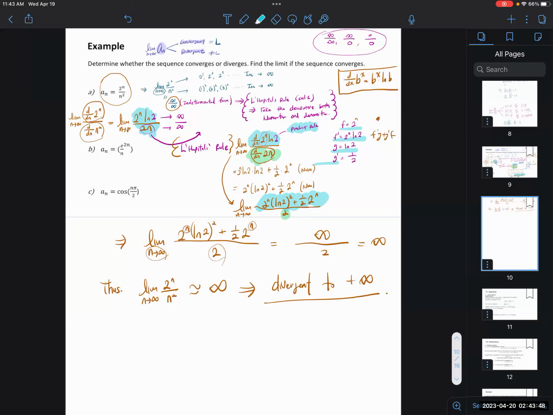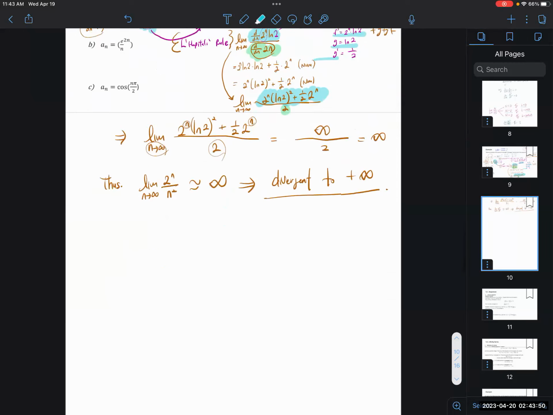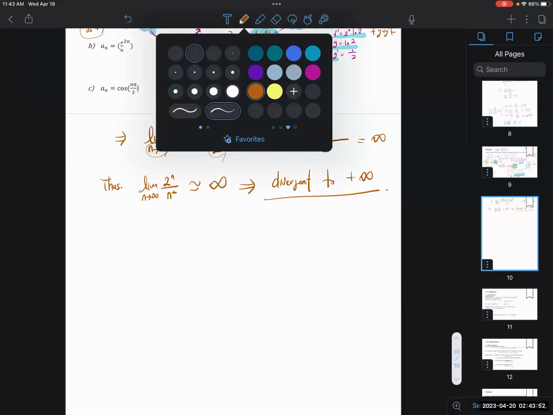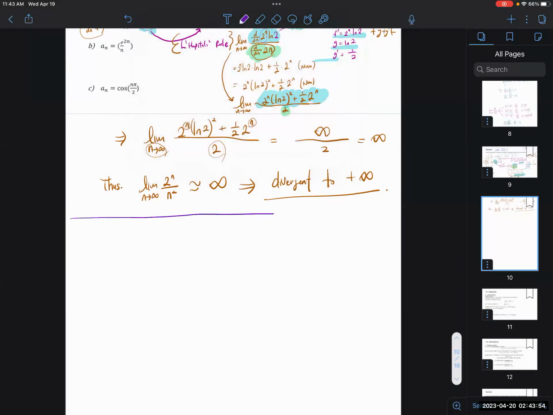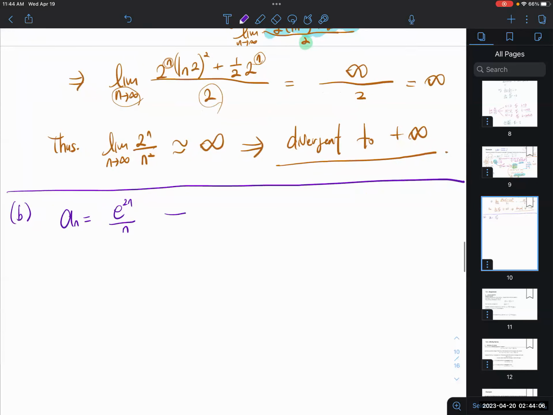Okay. All right, two more. Letter B. I'm going to use a different color. So B, we have a_n equals e^(2n) over n. We want to know if it is convergent or divergent, right? So let's take the limit as n approaches infinity of e^(2n) over n. Let's look at the numerator and denominator separately.